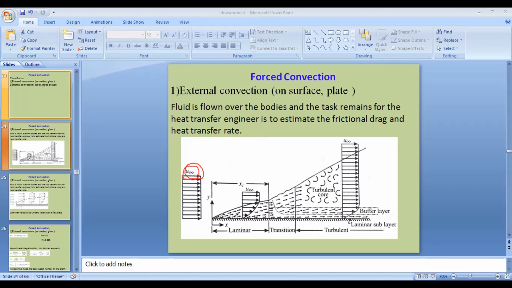So the velocity varies from 0 to the surrounding velocity, and such a layer is formed. That layer is called the boundary layer. Initially it is laminar, then becomes transition, and then it becomes turbulent later on.